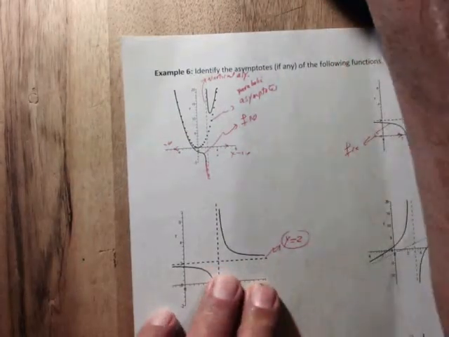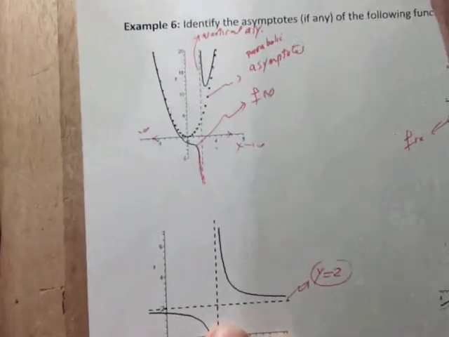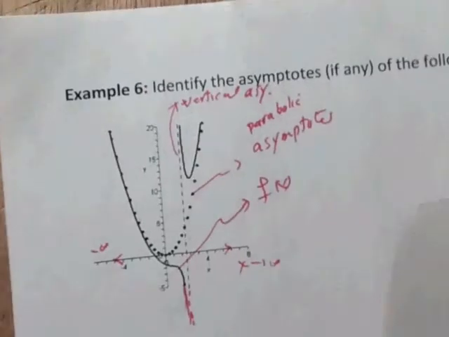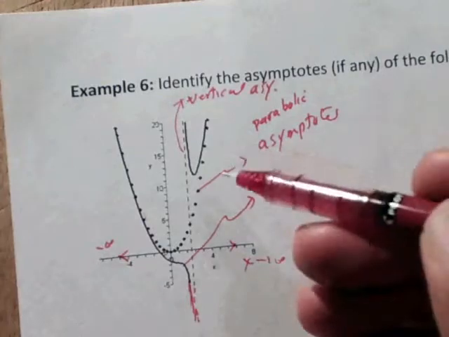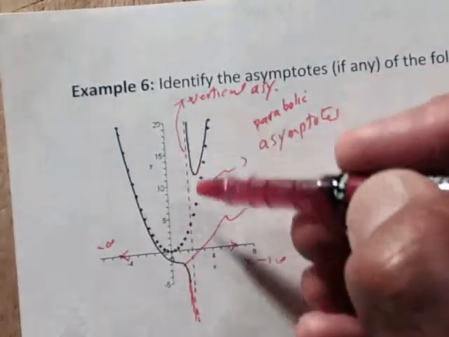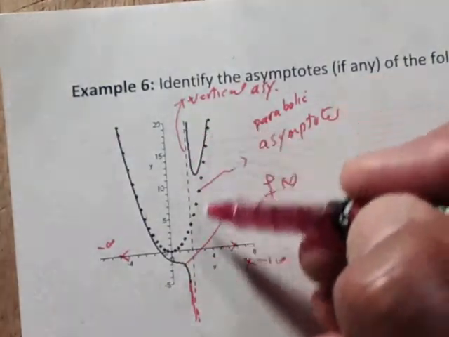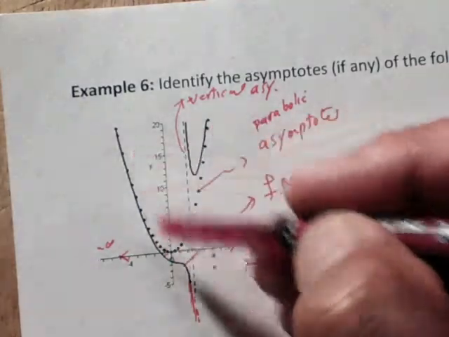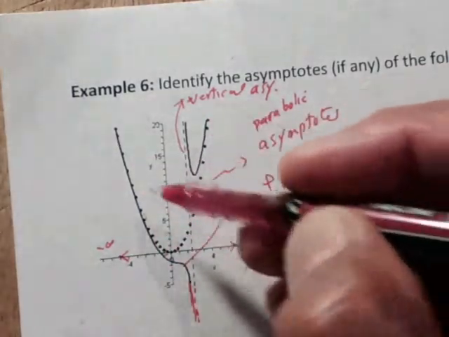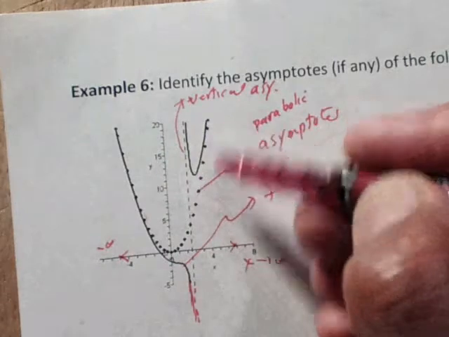Like this first example, let me make it a little bigger. See, the dotted lines, which are this vertical one and the parabola, these are asymptotes. And the solid lines are the graph of the function.